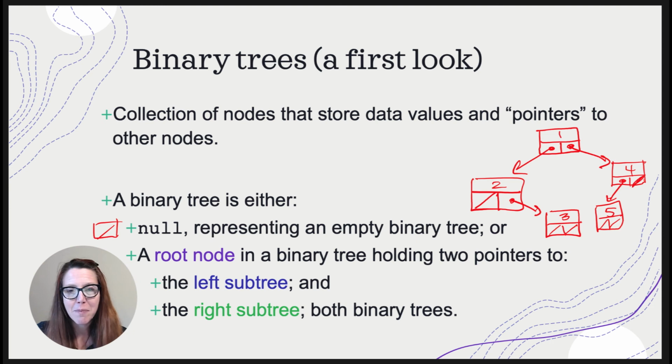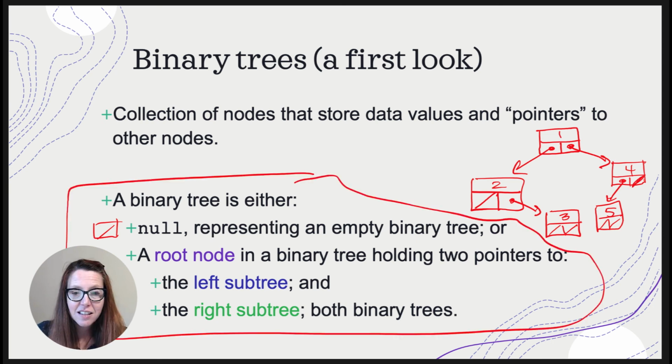We'll see more about binary trees later, but the general idea is the same. It's a collection of nodes storing data and with pointers to other nodes. The definition of a binary tree requires that it be recursive, because it is either an empty binary tree or a node pointing to another binary tree.